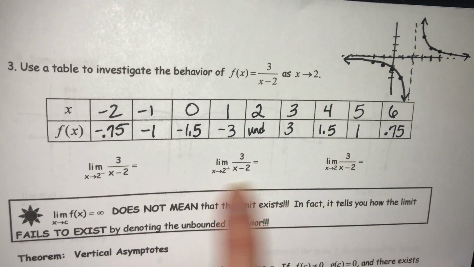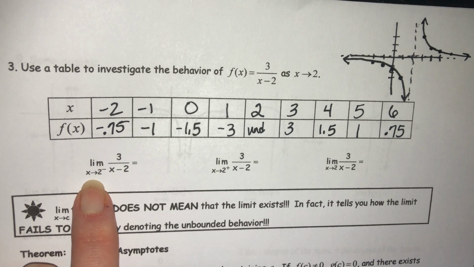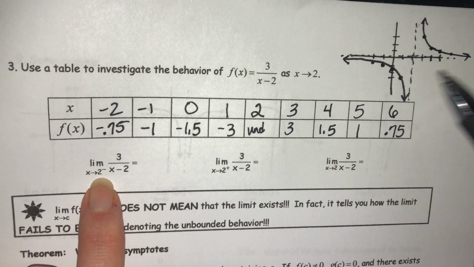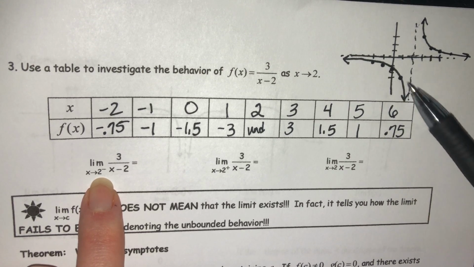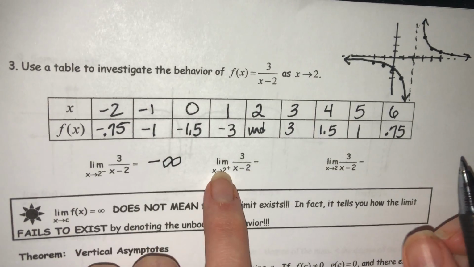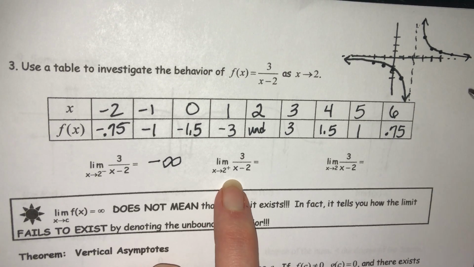Here's my table. Now, what is my limit as x is approaching 2, which is this vertical asymptote, from the left side of the graph? This is going down towards negative infinity. What's happening as the limit as x approaches 2 from the right side of the graph of 3 over x minus 2?